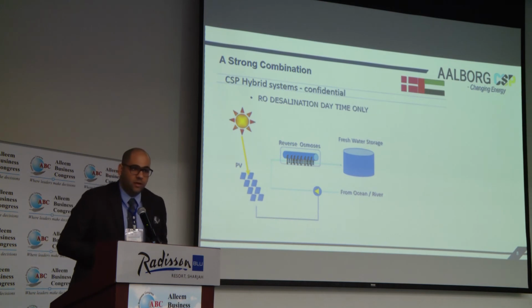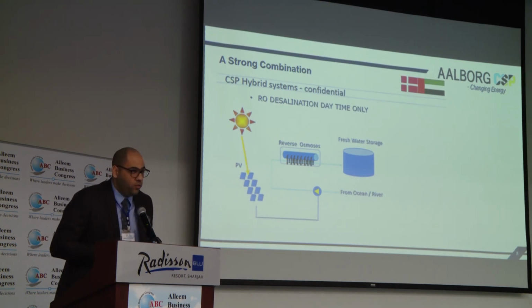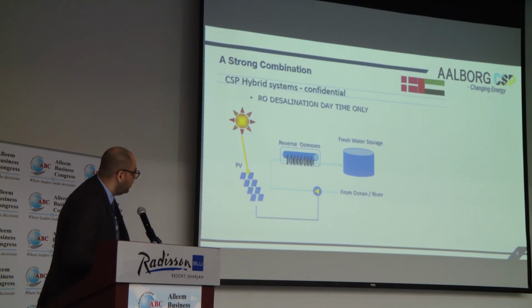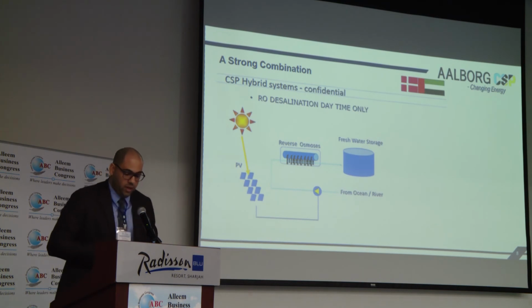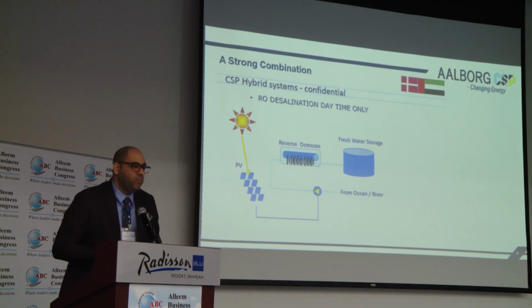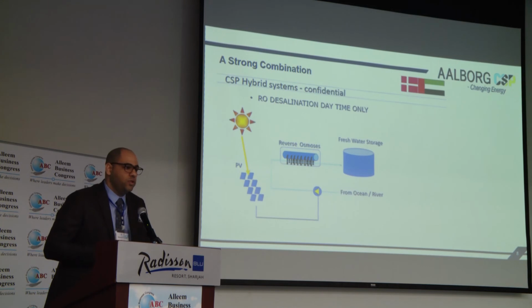But because we are also innovating solutions, we would like to show one of the hybrid systems. Of course, as I just said, no question that PV is the best for producing electricity.